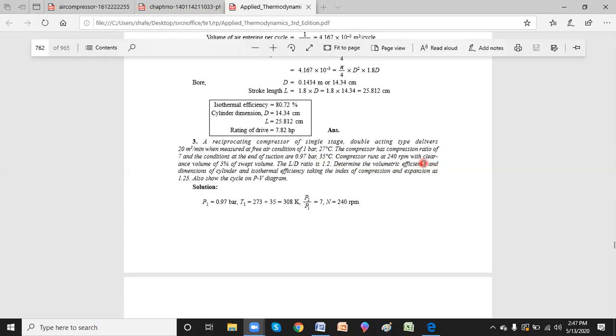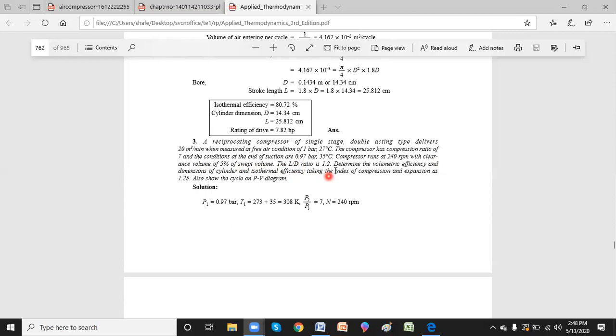This is the difference between the previous problem and this problem: this is with clearance volume. The compressor runs at 240 RPM with clearance volume of 5% of swept volume. Vs is the swept volume and Vc is the clearance volume, so Vc is 5% of Vs. The L by D ratio is also given, where L is the stroke length and D is the bore or diameter of the cylinder.